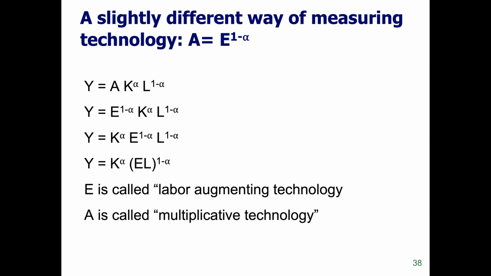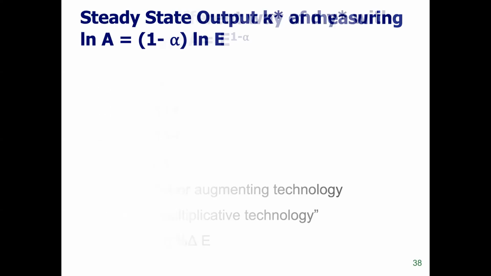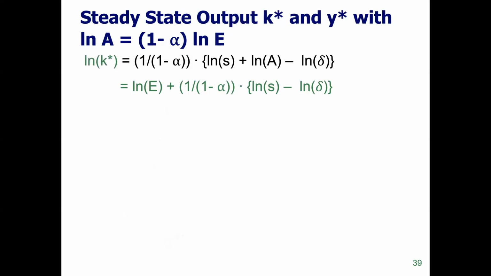Take logs of that, I get log A equals 1 minus alpha log E. Just plug that in. Where I have A, I have 1 minus alpha log E, but multiplying by 1 minus alpha just cancels out the dividing by 1 minus alpha that I have out front. So I get log E in front.